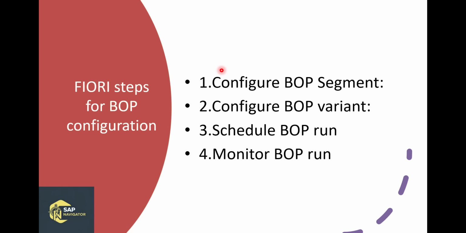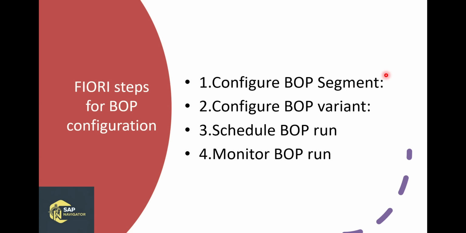Let me tell you about the theory steps for the BOP configuration in aATP. These are the steps we have to do for the BOP run. First we have to configure the BOP segment, like we discussed: win, gain, lose, redistribute, fill. For every category and strategy we have to create and configure the BOP segment.